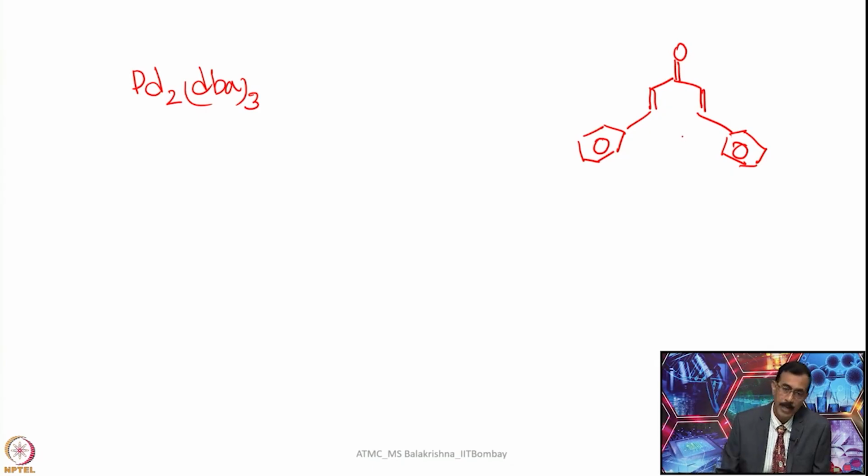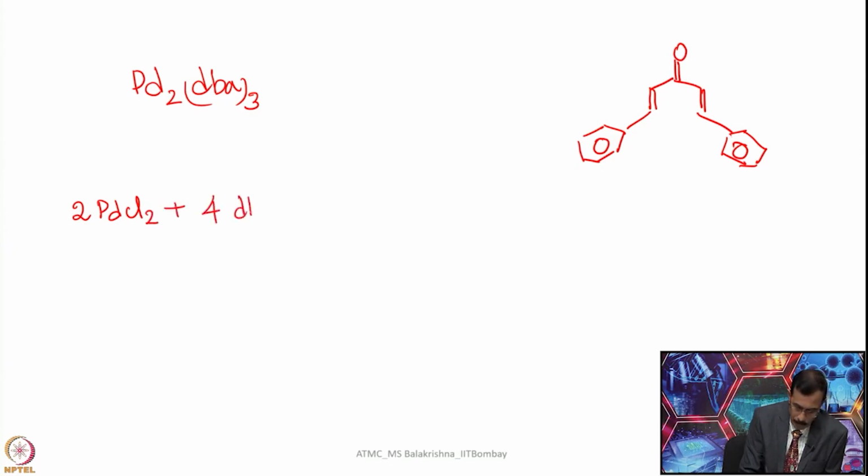Once you have this bright yellow stuff, one can treat it with palladium chloride using a reducing agent such as sodium acetate. This is called dba.